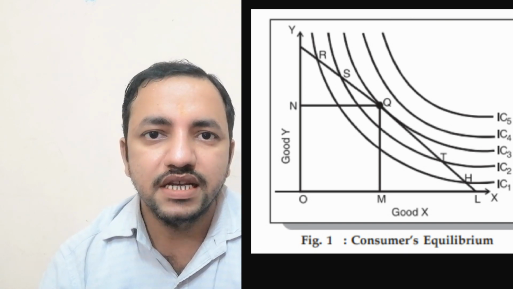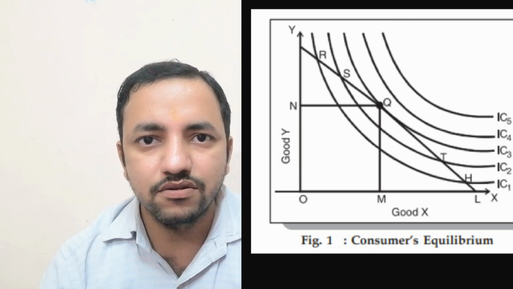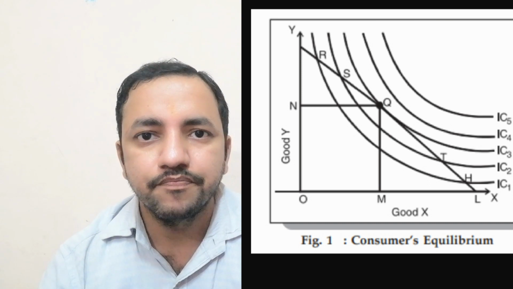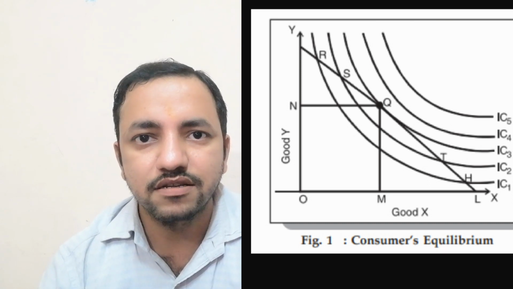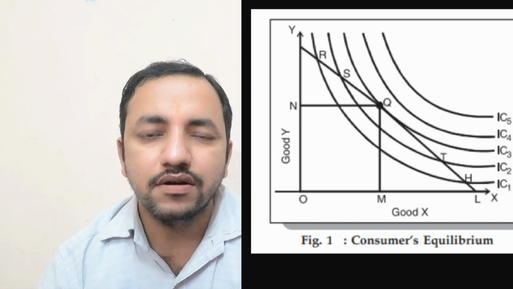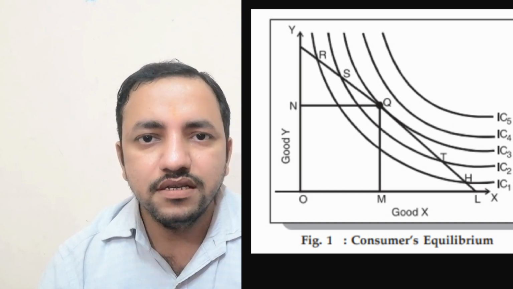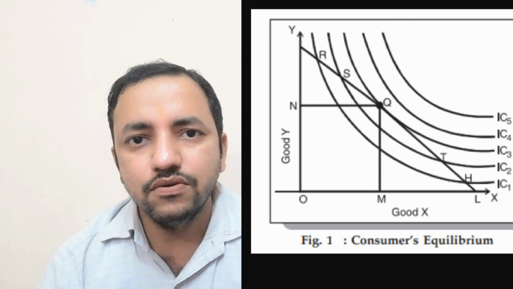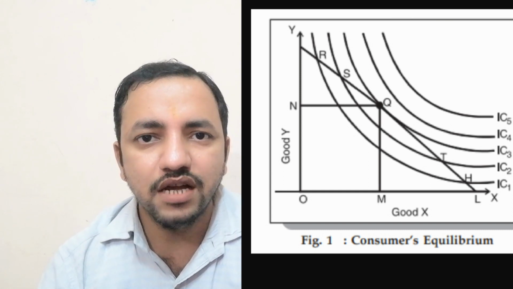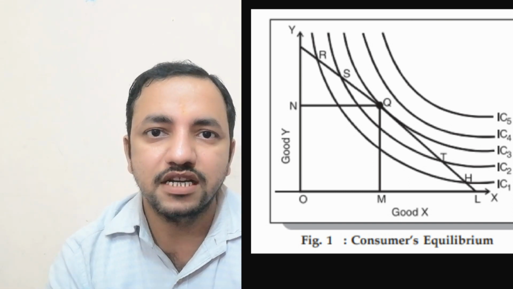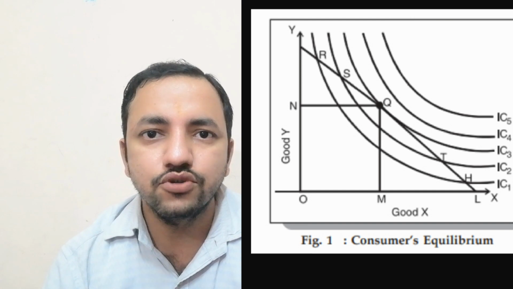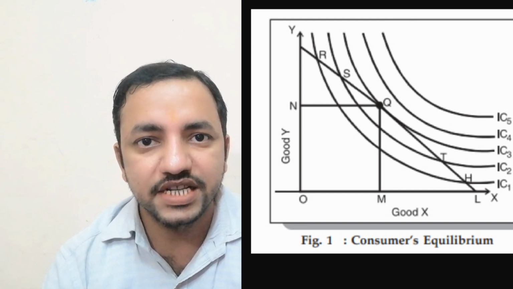Now the combination Q is the combination of good X and good Y that lies on indifference curve IC3. And this Q combination contains OM units of good X and ON units of good Y that provides the maximum satisfaction to the consumer with his given budget.